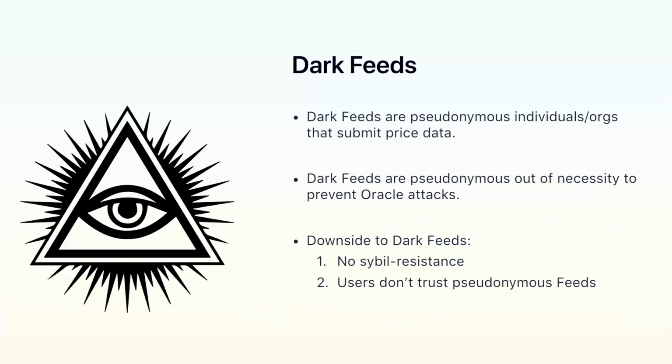And this is part of this hybrid strategy of, well, it is much harder to coordinate between anonymous actors. If you have a bunch of feeds that are all anonymous, in order to launch an attack, you need to first identify who these individuals even are, which is very, very difficult. It's what we call the coordination problem.